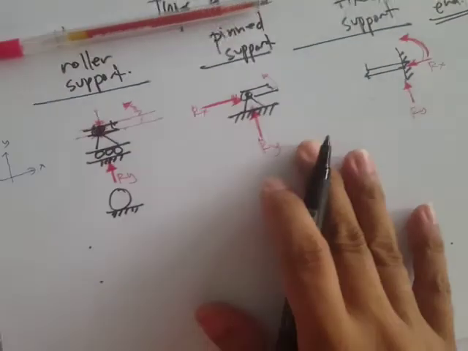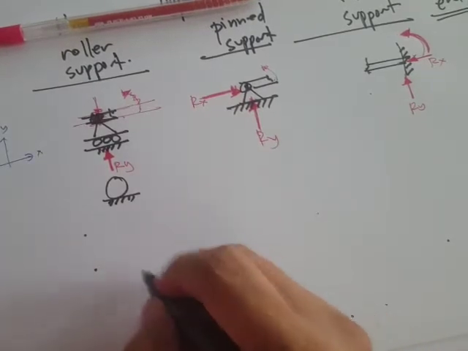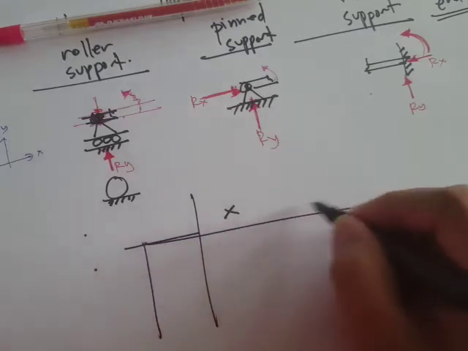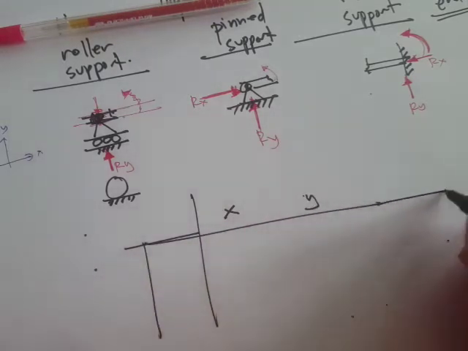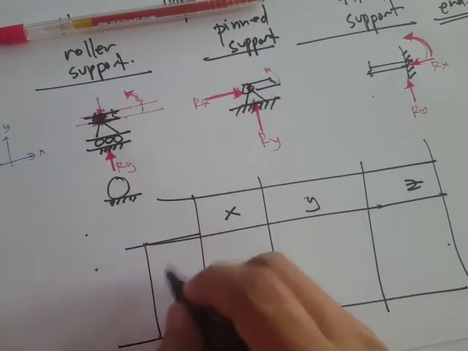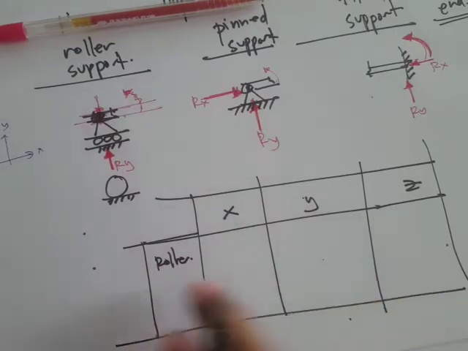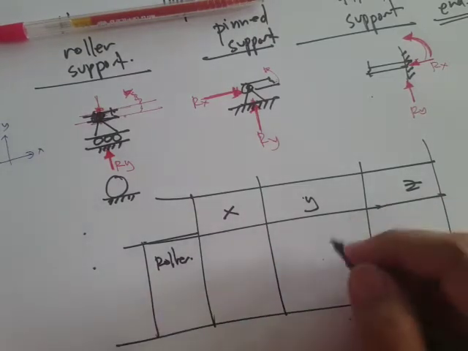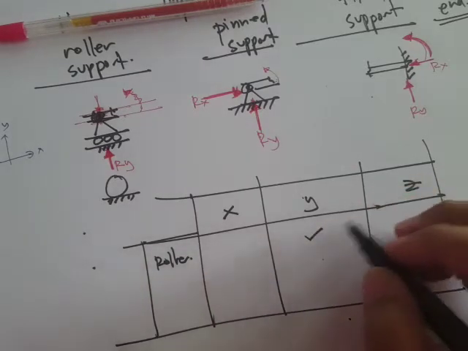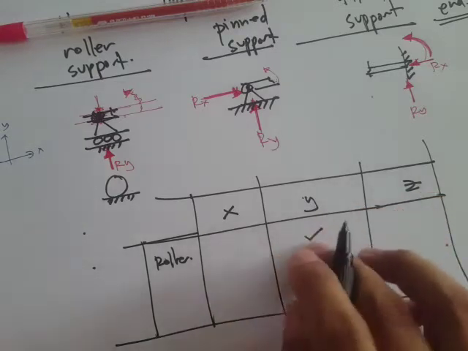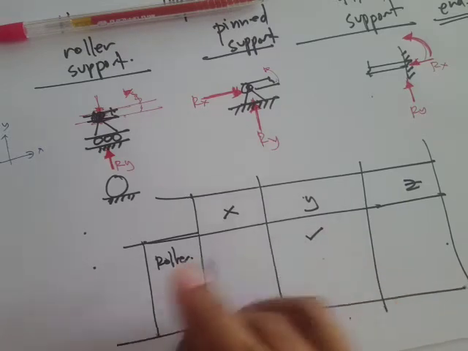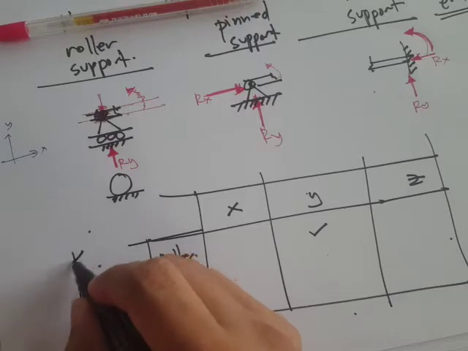Okay, so now if we try to tabulate the reactions, we can say x, y, and then z. Okay, so say roller. If it's a roller, then we have only a reaction along y. But take note that that depends upon the problem. The point here is it can be that the reaction is along x, so let's say for the case of this type.